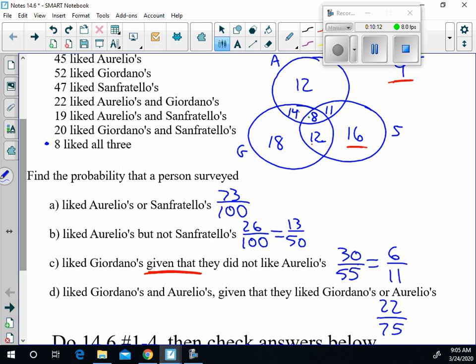This way, we'll all be on the same page, we'll have the same answers, and we can go answer questions 5, 6, 7, and 8, because 5 will go with number 1, 6 will go with number 2, 7 will go with number 3, and 8 will go with number 4. Okay? All right, so pause the video for a second, and then we're going to start going through how to complete the Venn diagrams for numbers 1 to 4.